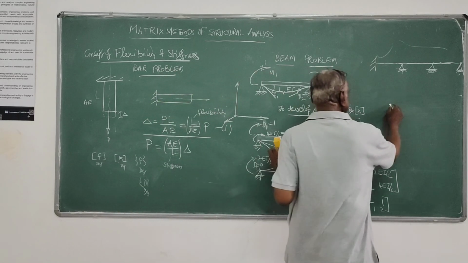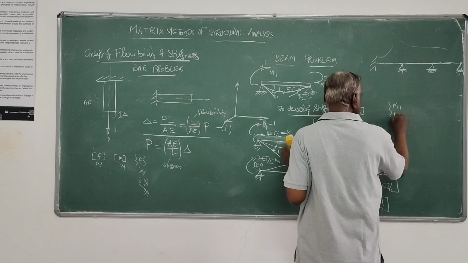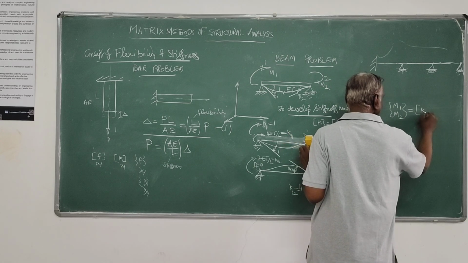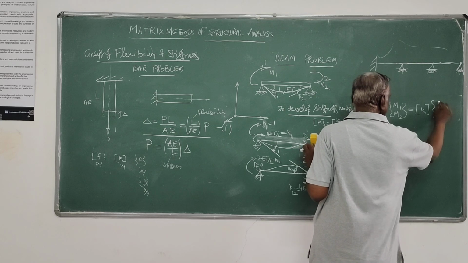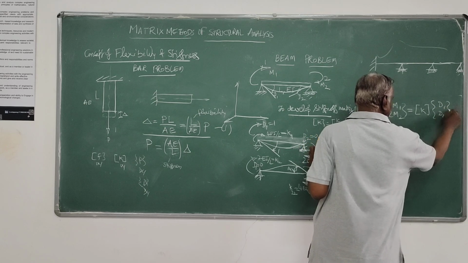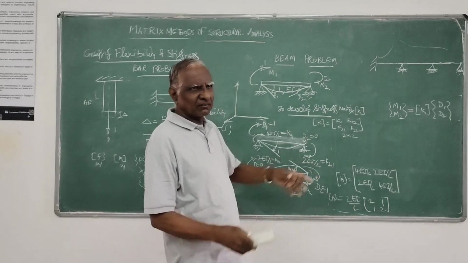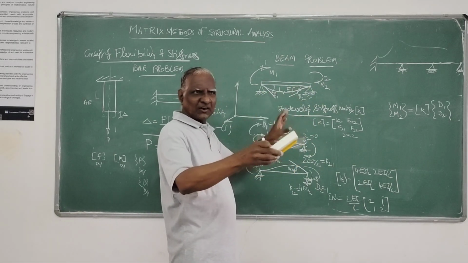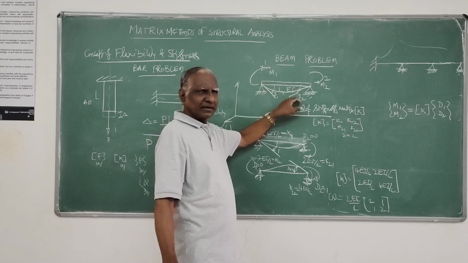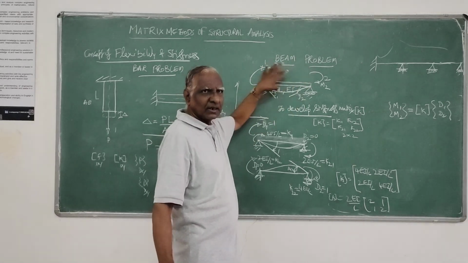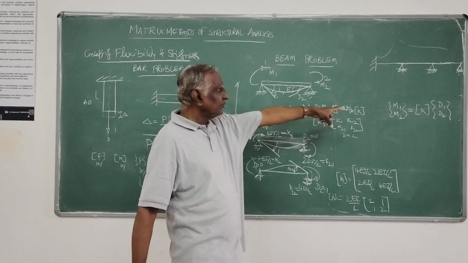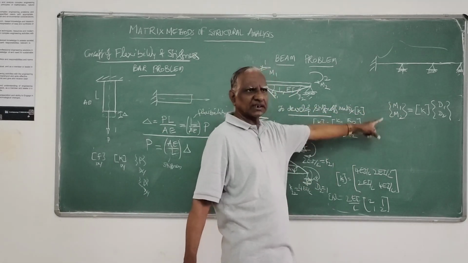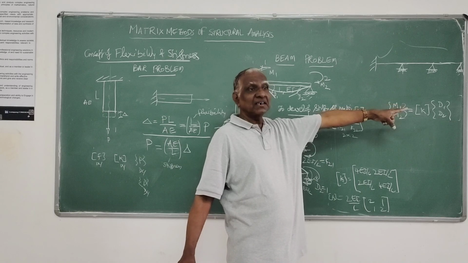So you can now write the force M1, M2 is K into D1, D2. Here M1, M2 on account of the load, the equivalent joint load, you can determine. Whatever load is coming, you can take the fixed end moment as the load; the stiffness matrix you have generated, and you can find the displacement.